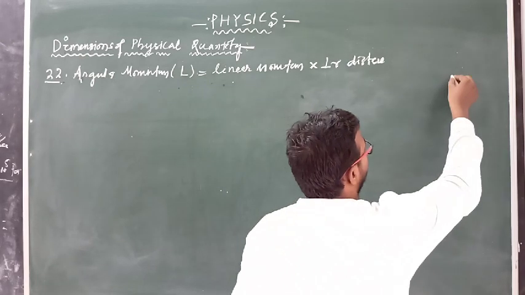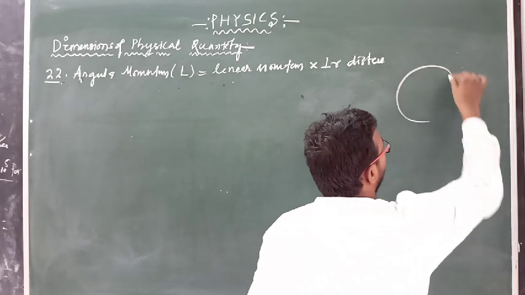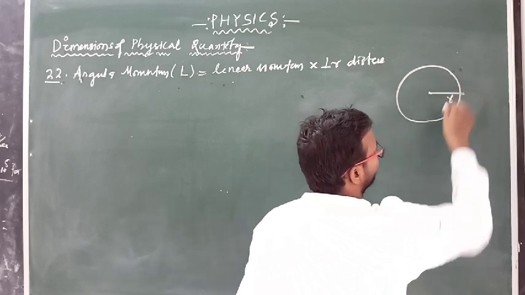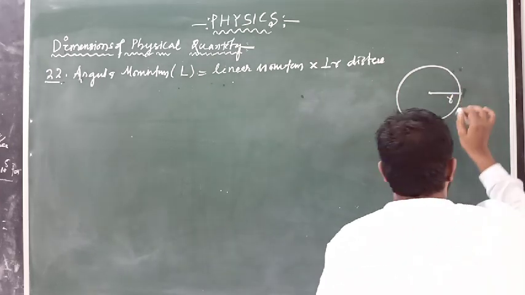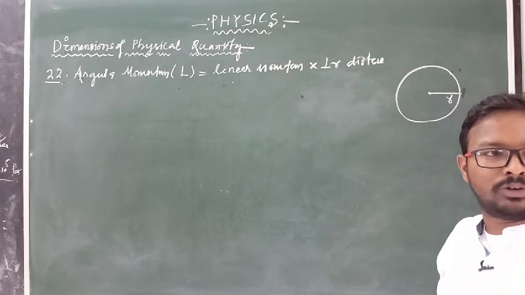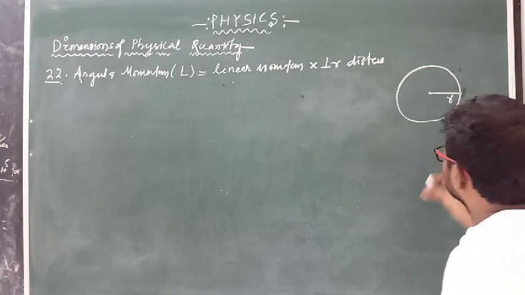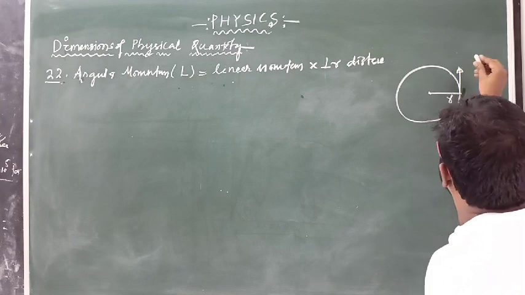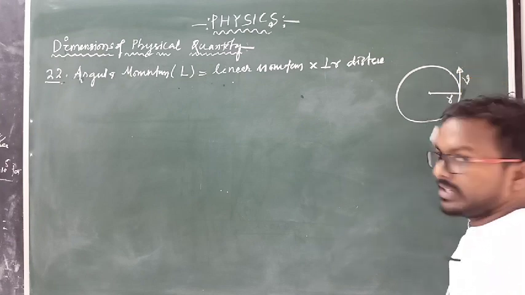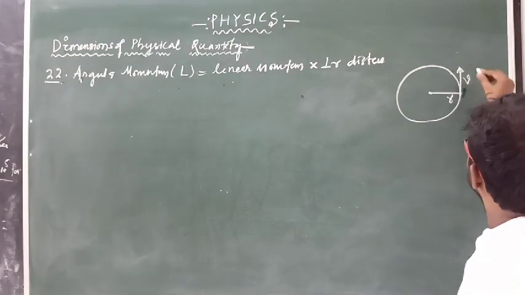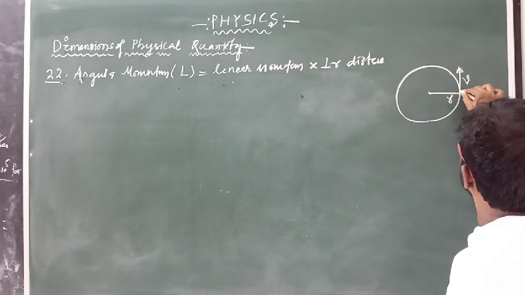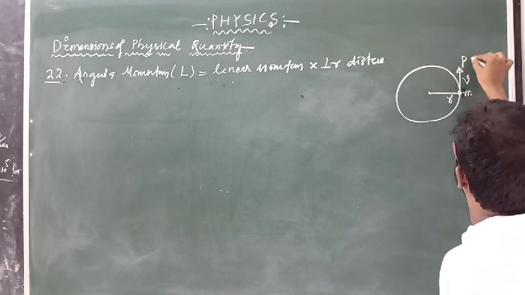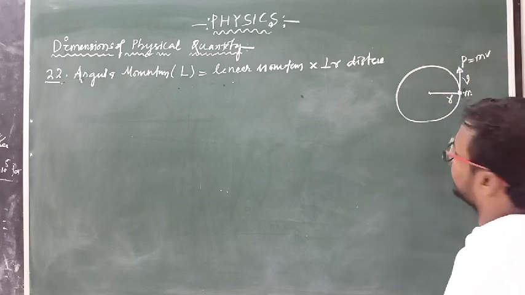Suppose there is a particle which is moving in a circular path and its radius is r. Clear? While the particle is moving in a circular path, it possesses some velocity in this direction, with velocity v. The particle has some mass, suppose m, moving in the circular path with velocity v, so it possesses momentum p equal to m into v.